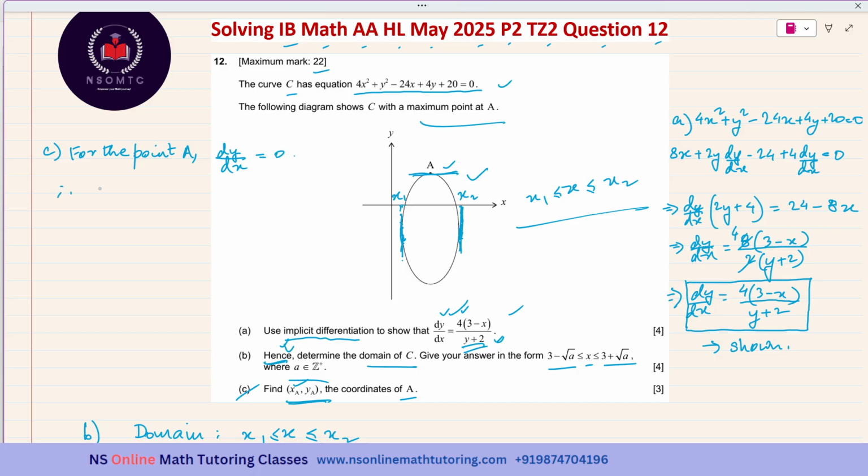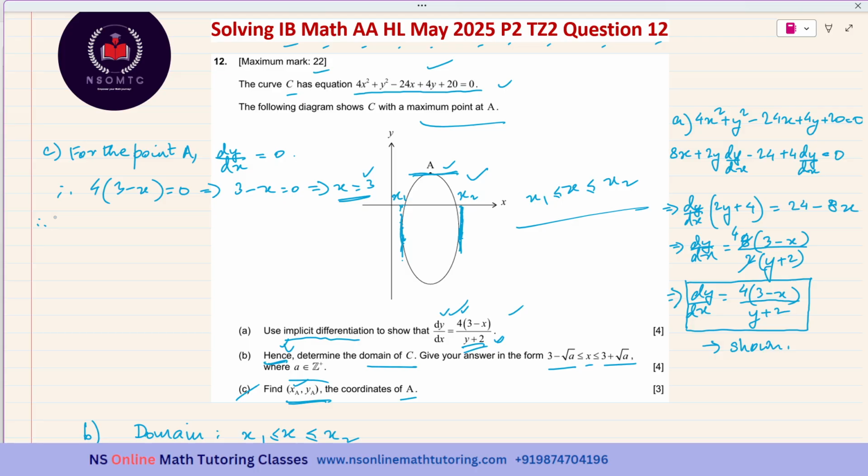Therefore, 4 times (3 minus x) is equal to 0 implies 3 minus x is equal to 0 implies x equal to 3. Okay, so xa is equal to 3, and in order to get the ya, we have to plug this value into this equation.